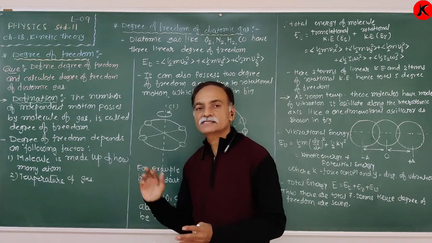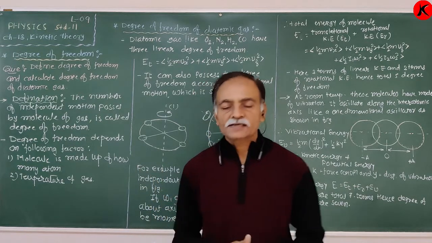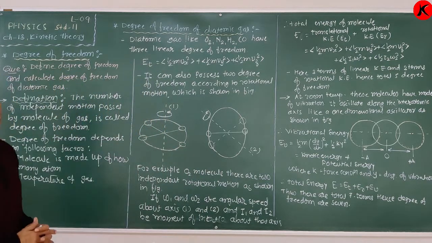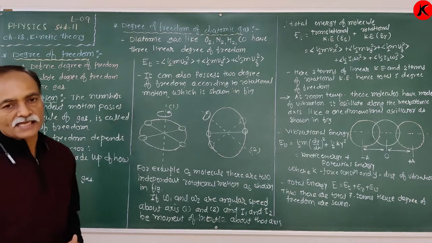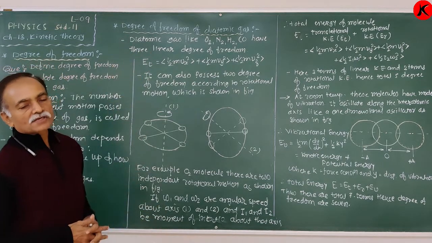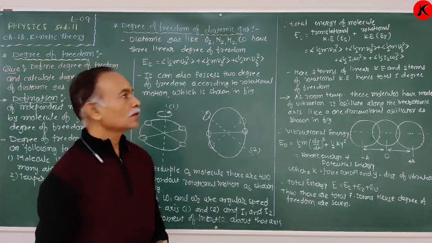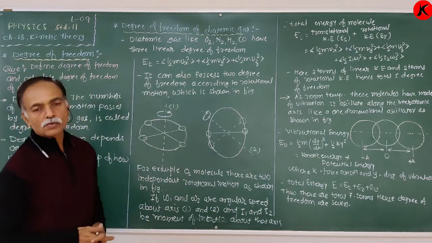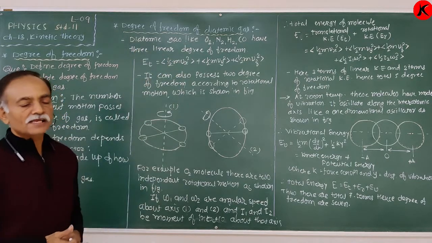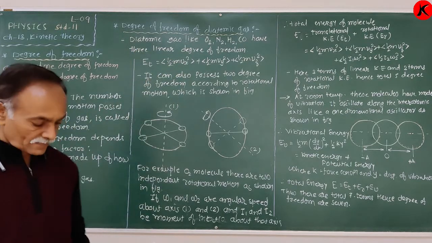So that is the definition of the degree of freedom, and also the factors on which it depends. After that, we are going to calculate the degree of freedom for diatomic gas. First thing, which gases are the diatomic gases? The diatomic gases like oxygen, nitrogen, hydrogen or CO have three linear degrees of freedom.